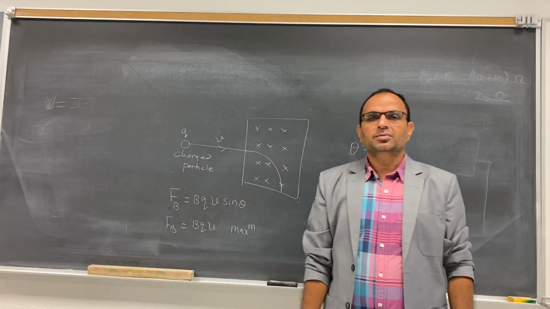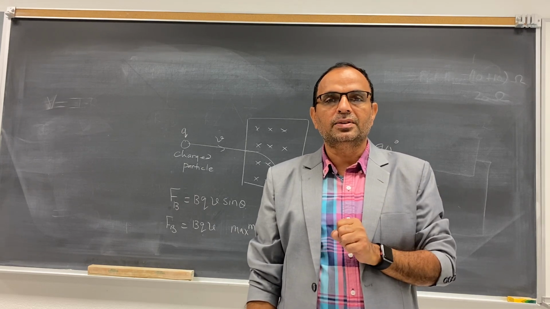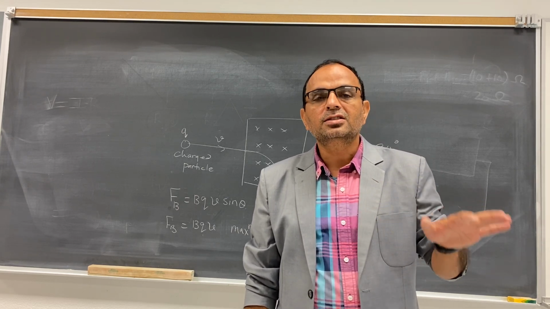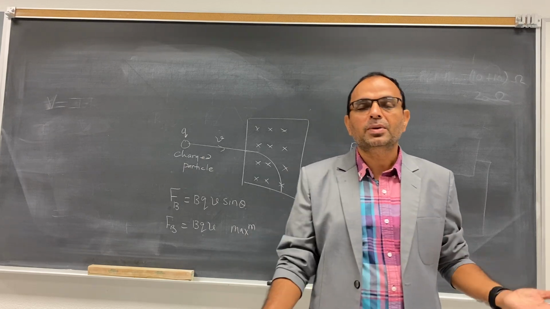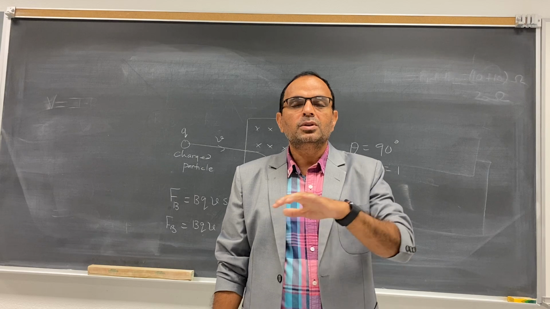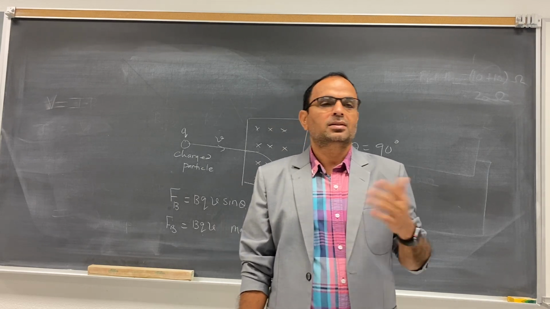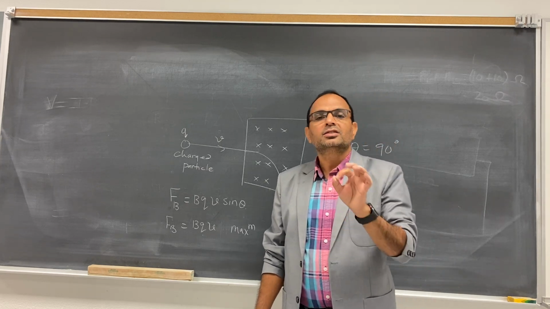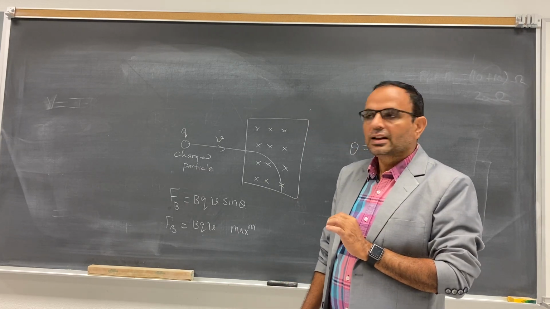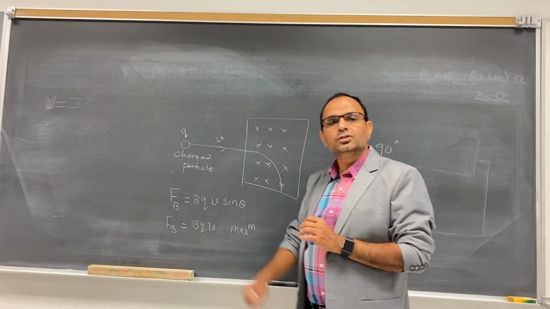But the question can be asked something like this. Let us suppose the charged particle is inside the magnetic field, but that charged particle does not experience any force. What happened? Very simple. Either the charged particle is at rest, meaning v equal to 0. If v equal to 0, of course the force is 0.